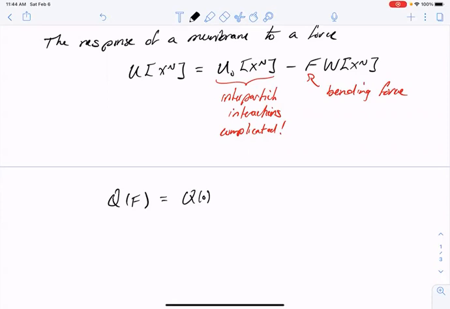Namely, that partition function would be related to a partition function in the absence of that force, times the expectation value of e to the beta F times the curvature, evaluated in the reference.